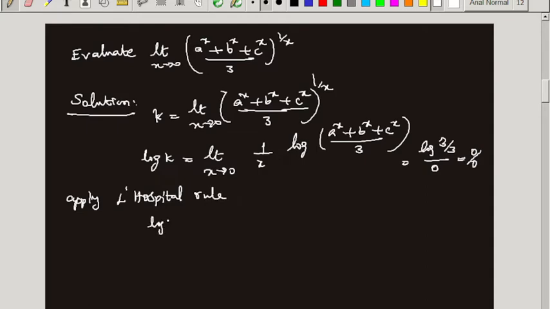So left hand side log k is there. Limit x tends to 0. Log can be written as 1 dividing by (a power x plus b power x plus c power x dividing by 3), into the differentiation. Now we differentiate a power x plus b power x plus c power x. So 1 by 3 is constant.